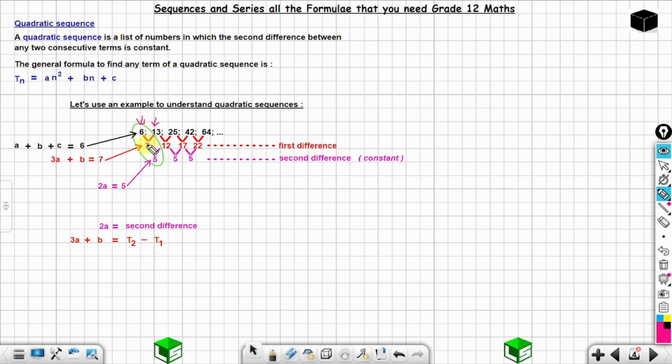So this is t2 minus t1, which is equal to 3a plus b. So 3a plus b is always equal to t2 minus t1, as you can see. And a plus b plus c is always equal to t1. This is t1. Always use these numbers.